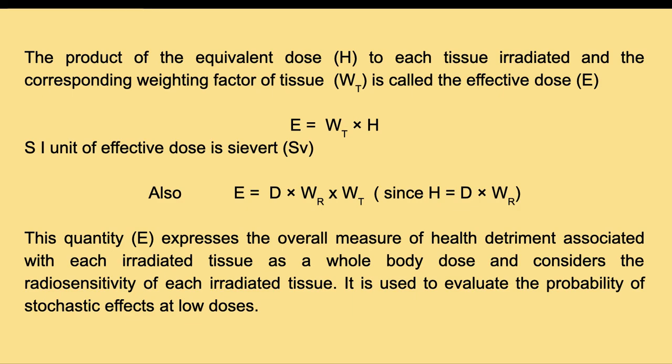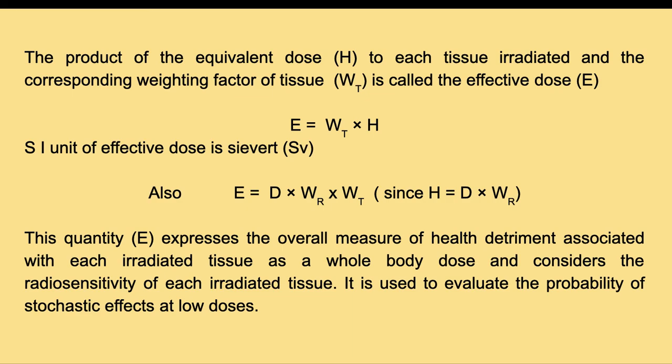So now we have defined first roentgen, then for the dose, the first quantity was dose D. It is energy absorbed per unit mass, which you have written as D, and its unit is gray.